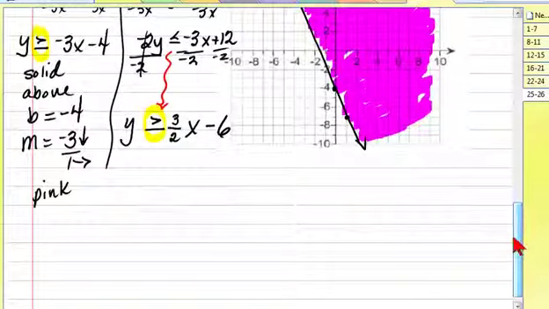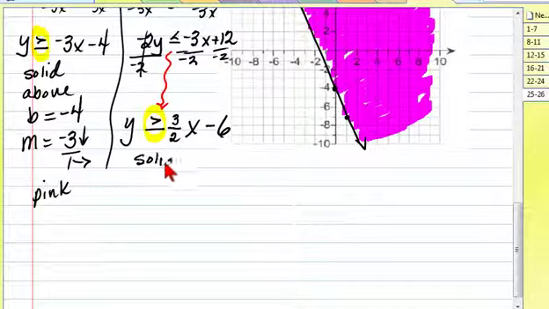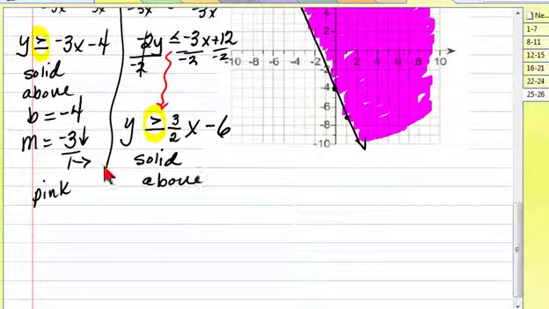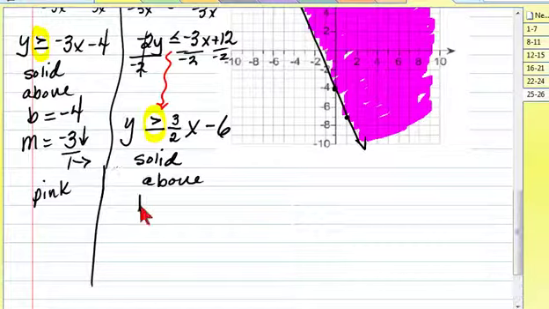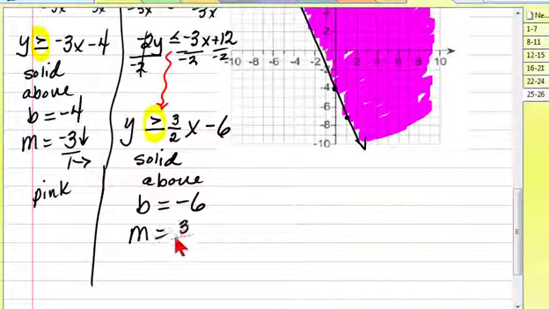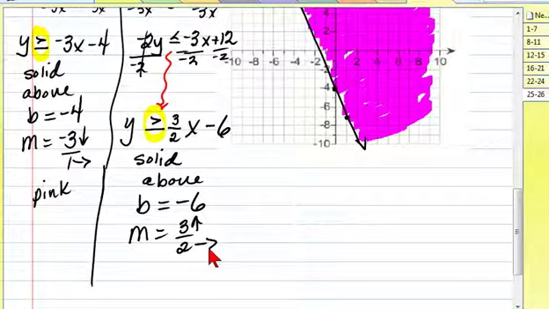Pardon? Yes. This is a solid line. We will shade above. We will begin where? -6. The slope is 3/2, which is up 3 and right 2. And some of that information is going to go out of the view when I pull the graph back down.